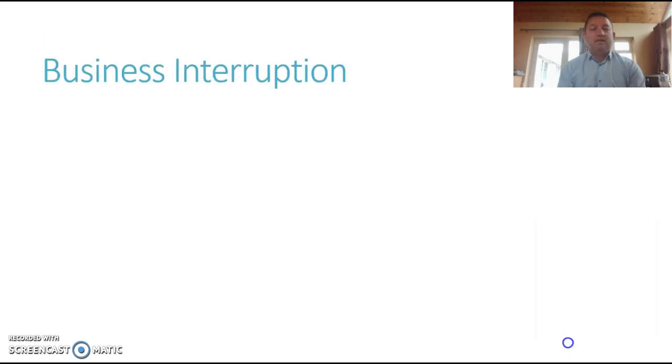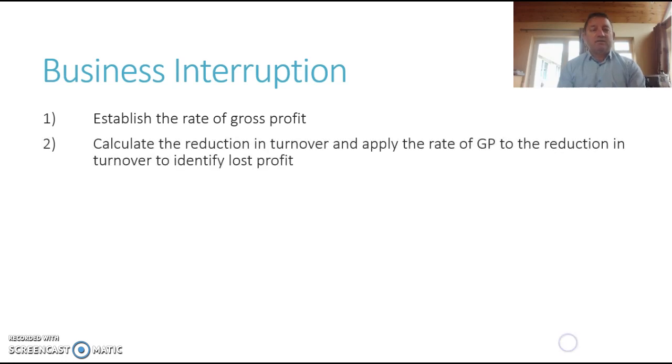There was also increased cost of working, which had been agreed at 100,000, and there was savings achieved at 20,000. So, in dealing with a business interruption claim, there's a number of steps that we need to take. First step is to establish the rate of gross profit. After that, we will calculate the reduction in the turnover between the period immediately before the fire and the equivalent period after the fire.